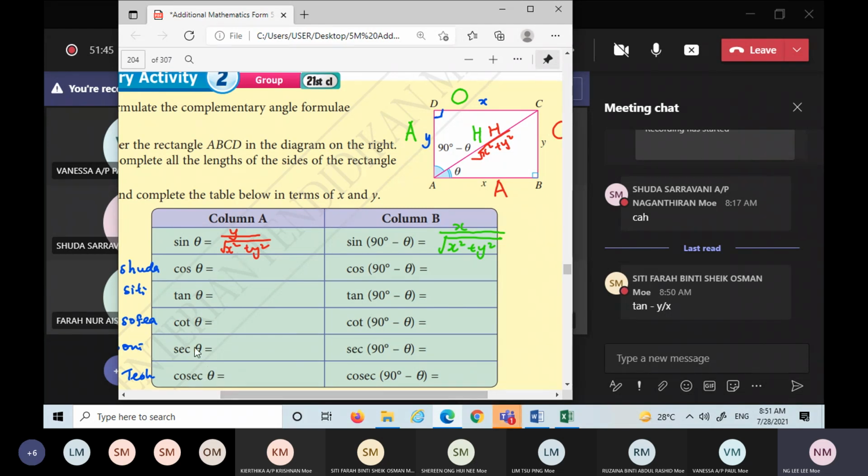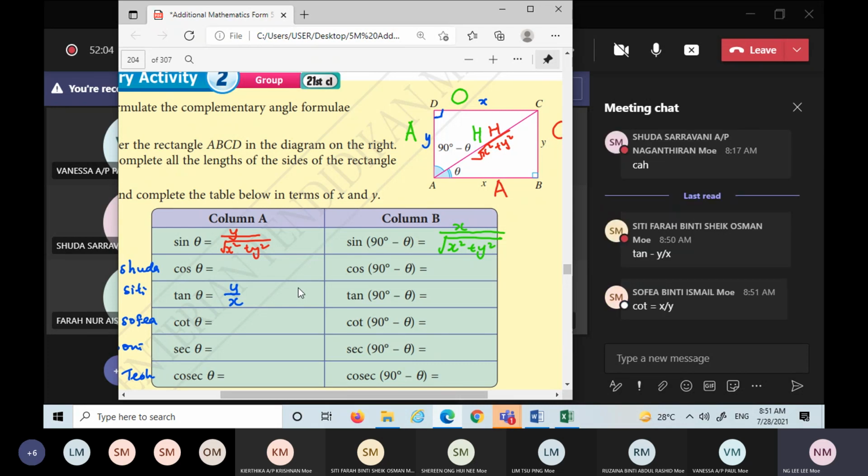Siti Farah says tangent is y over x. O over A, y over x, correct? Thank you, Siti. The rest, come on. Sophia says cotangent.